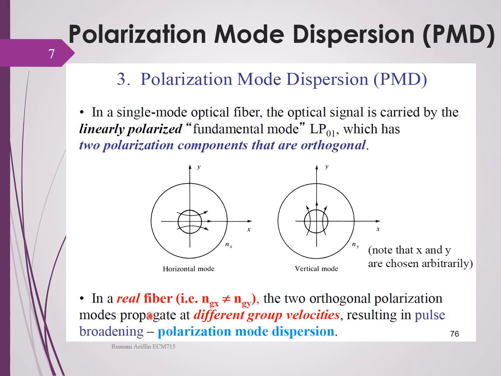In a real fiber, these two orthogonal polarization modes propagate at different group velocities. Because of this, it results in pulse broadening, or polarization mode dispersion.